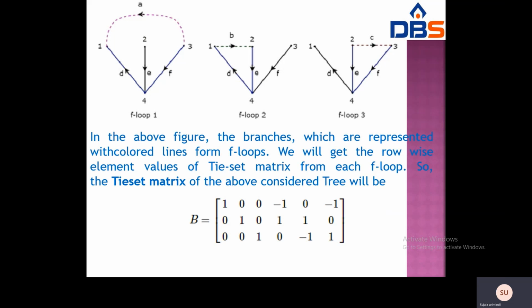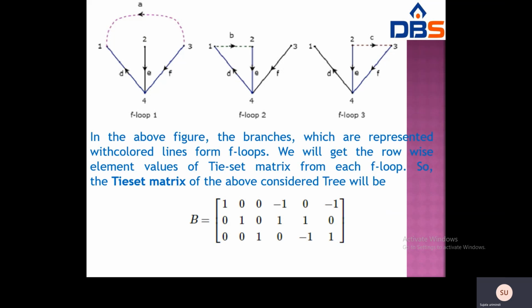When you frame a loop for each network, there is only one link in each loop, with the rest being tree branches. So for each link there is only one loop. If 3 links are there, 3 f-loops must be obtained.